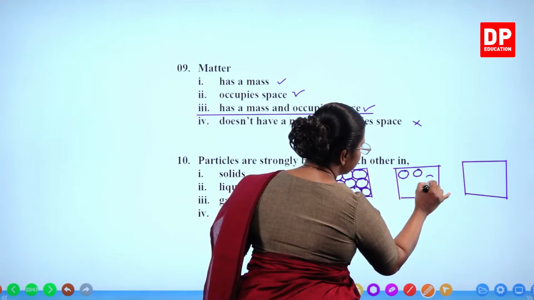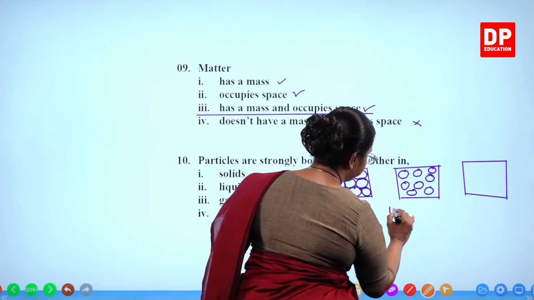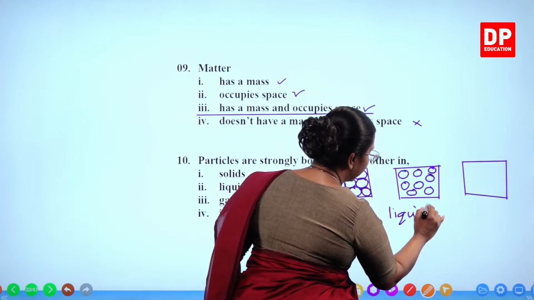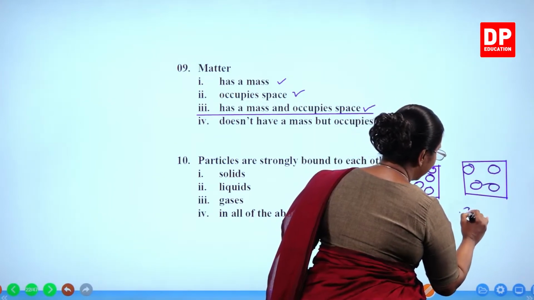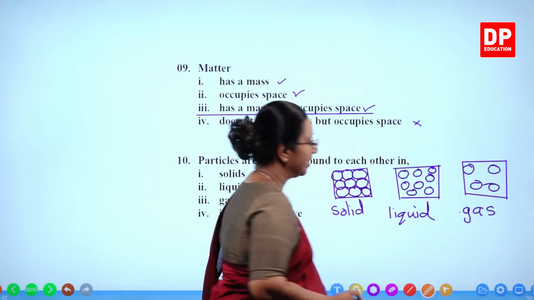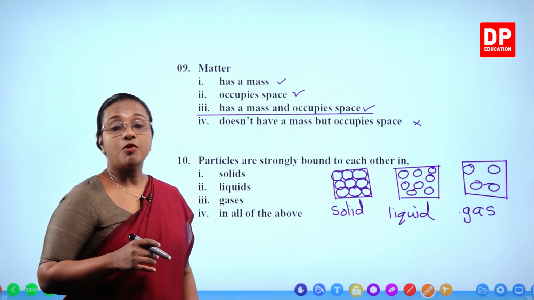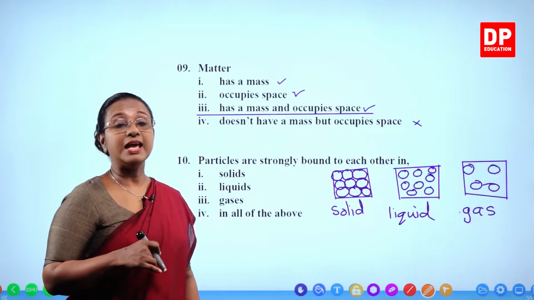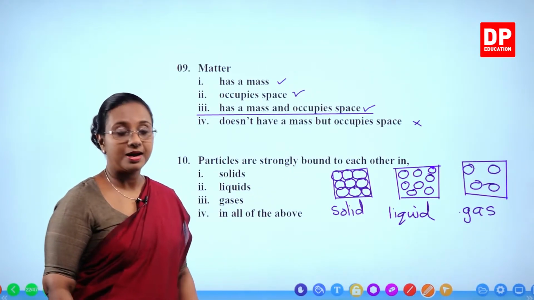Whereas in liquids, the particles are somewhat far apart, so they are not very tightly bound. In gases, the particles are involved in random movement. They are very far away from each other. They are involved in free random movement, and there is no interaction or very little interaction between the particles.